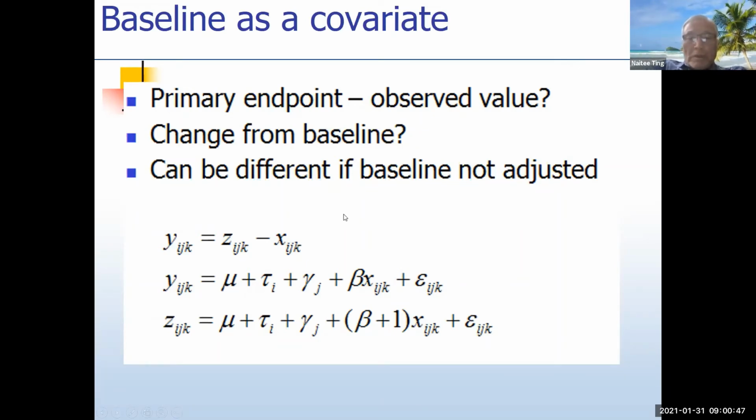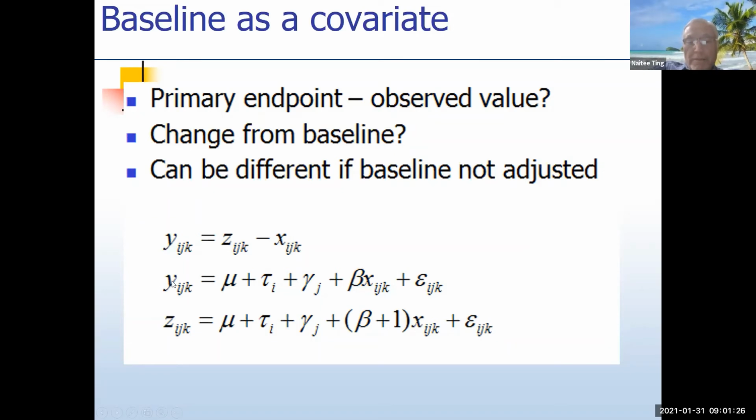Now, if I do not have baseline in the model, these two analyses give you very different treatment effects, because the mean is already different. One mean is a negative value, the other is a very high positive value. Week 4 blood pressure can be from 120 to 180, so the mean may be 140, while the change could be minus 10, minus 5, minus 8, minus 15.